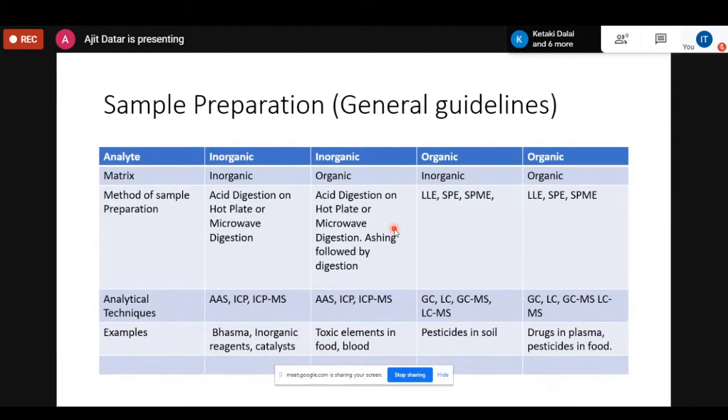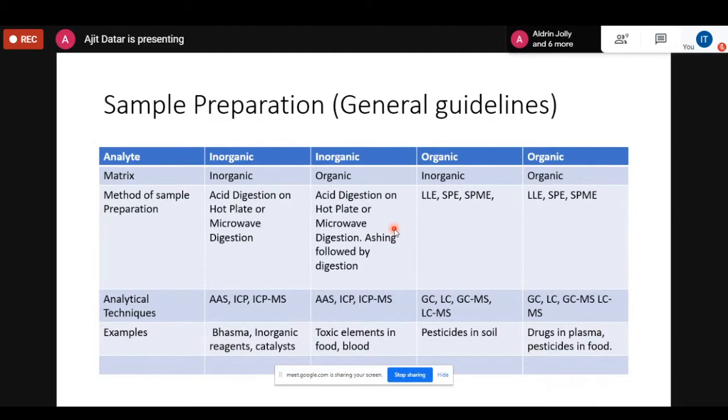One, you can do direct acid digestion and use an oxidizing acid like nitric acid or perchloric acid, which will oxidize the organic matrix fast. It will get converted to CO2, nitrogen oxides and water, etc., and will go out. And what will remain is the inorganic elements dissolved in acid.